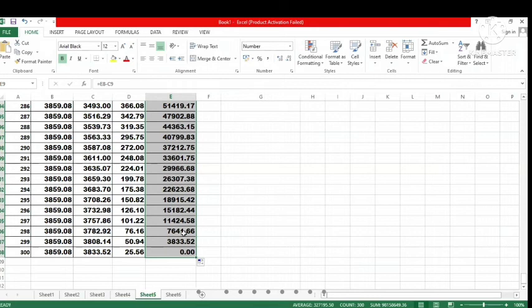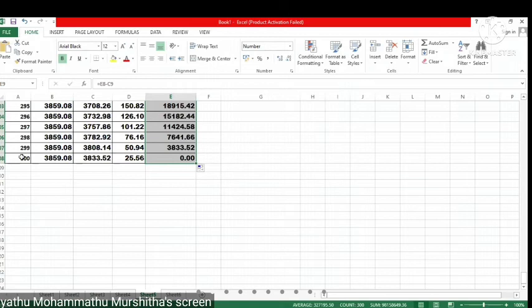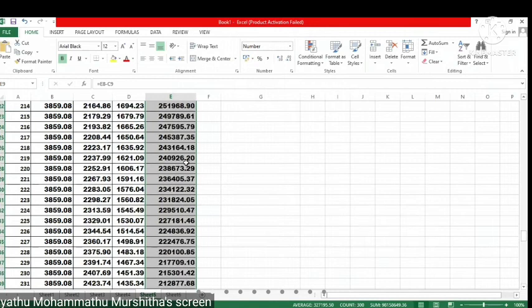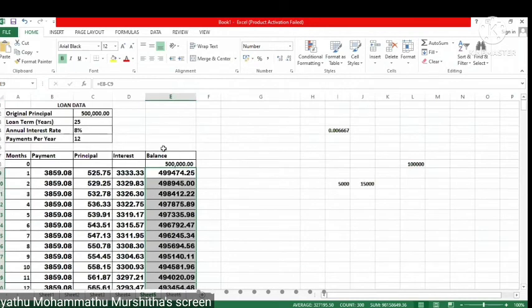So among these 300 months, I have to settle all these 5 lakhs. So at the end of the 300th month, what is the amount I have to pay? 0, no? Yes, ma'am. So in this 300th month, or at the end of the 25th year, I have no balance to pay. That's why this one becomes 0.